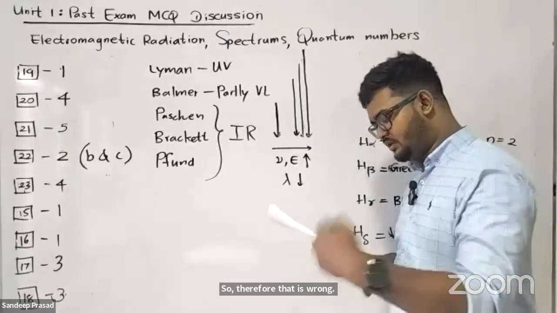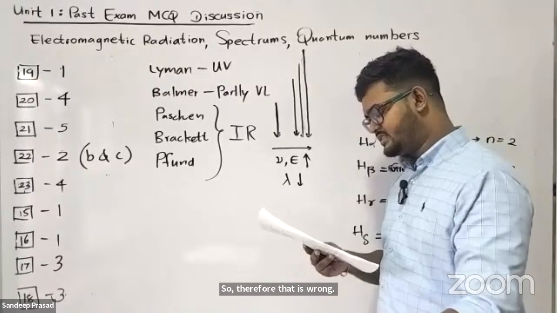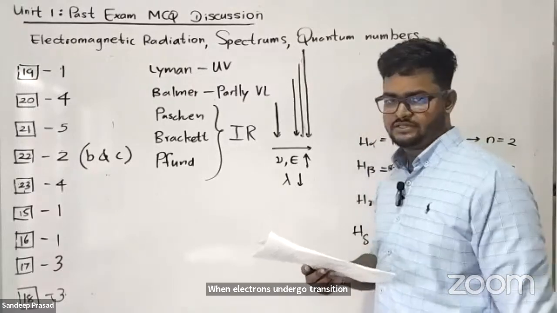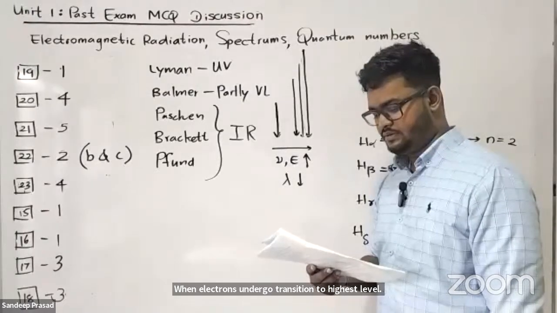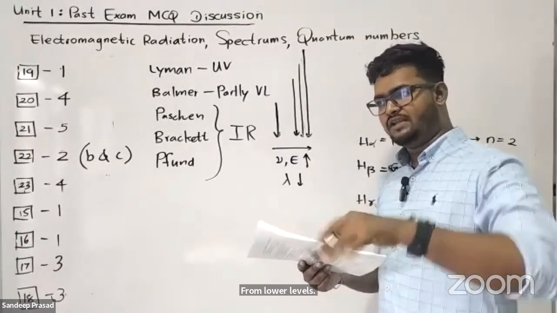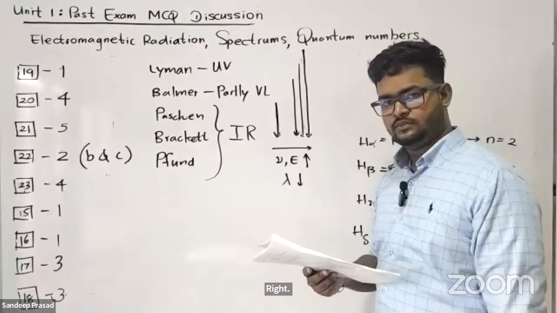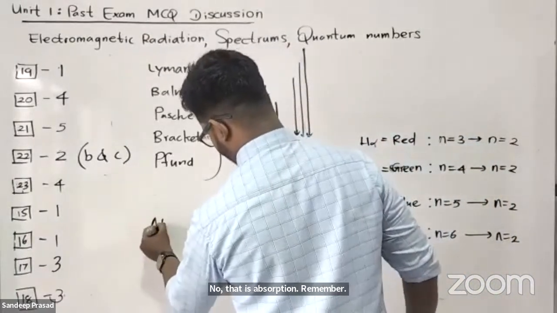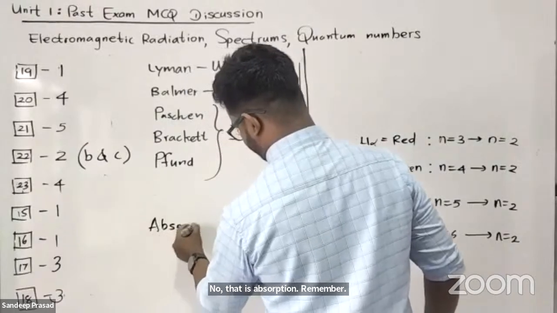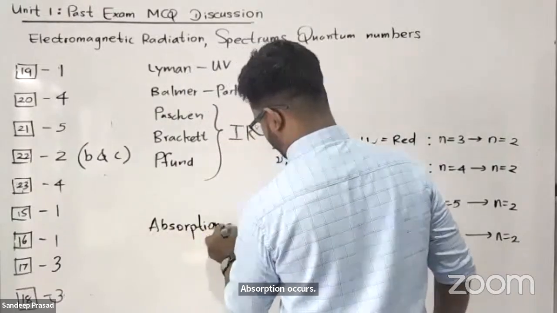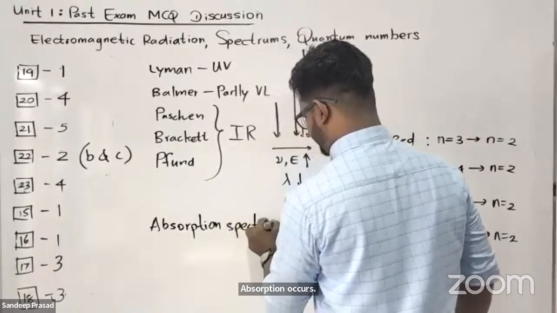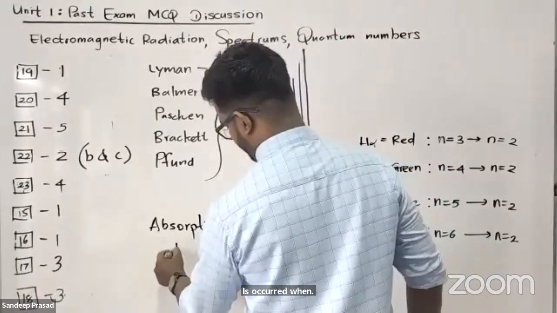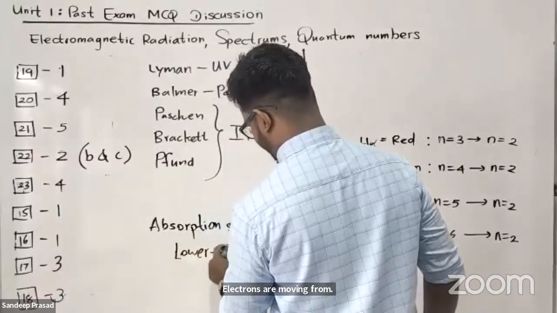Emission of radiation occurs when electrons undergo transition to the highest level from lower levels. Is that correct? From lower levels to the highest level. No, that is absorption. Remember, the absorption spectrum occurs when the electrons are moving from a lower energy level to a higher energy level.